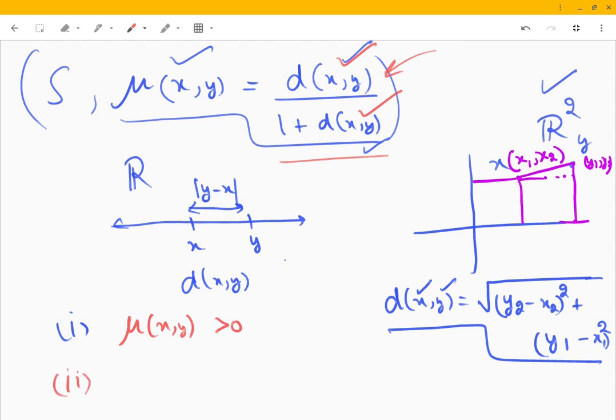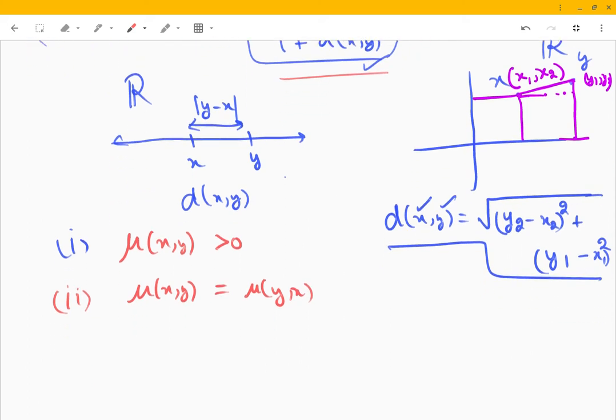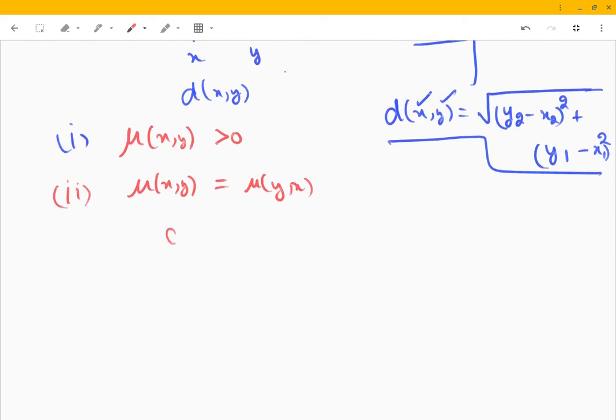Now the second property, mu of xy should be equal to mu of yx. Well, fairly simple, because d(x,y) is obviously equal to d(y,x). It is just the distance between two points. So it doesn't matter whether you take it this way or that way, the distance between two points will be the same.